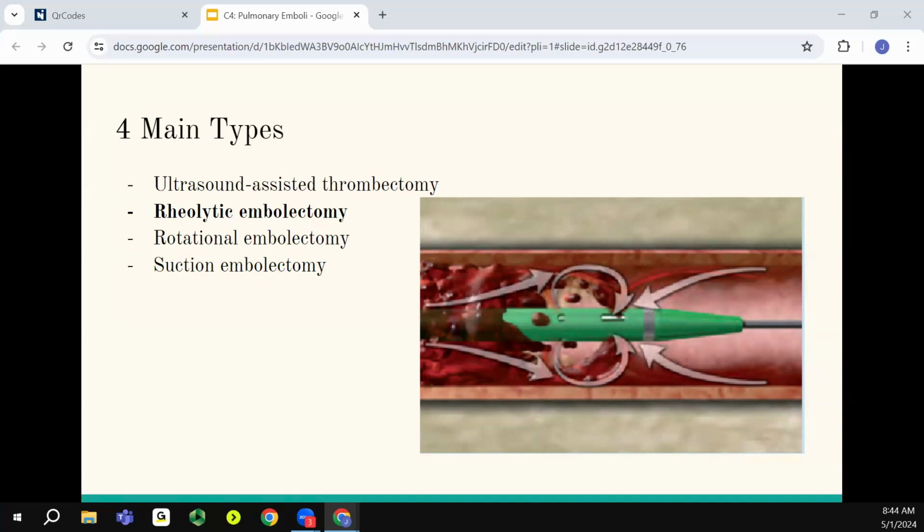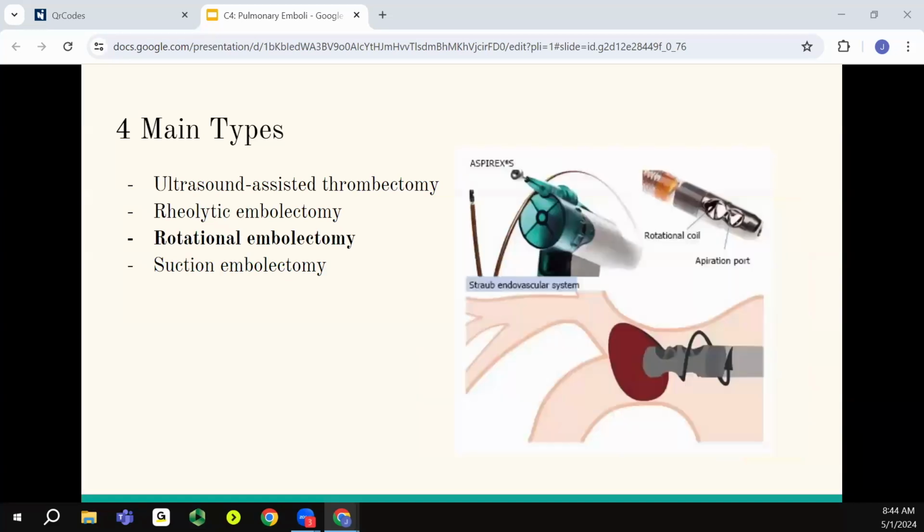It has a significant risk of bradycardia, vasospasm, hypoxia, hemoglobinuria, and renal failure. And so the rheolytic embolectomy has gotten a black box warning from the FDA, although there was a systematic review published in the last 2 months, arguing that maybe this was a little bit hasty. So something you shouldn't see now, but could potentially see again in the future, is the rheolytic embolectomy.